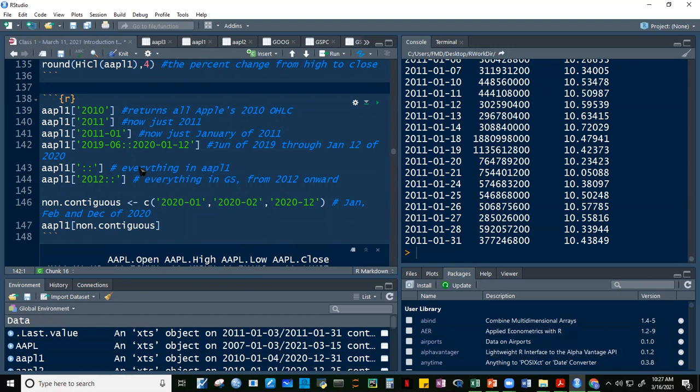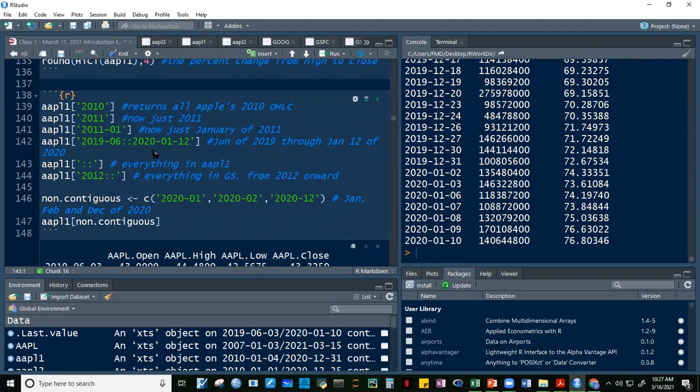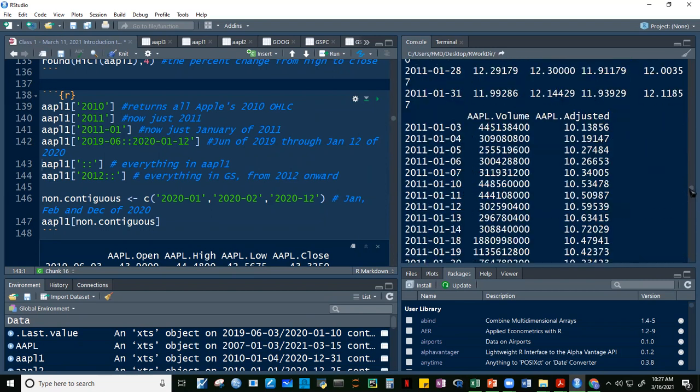How about this, guys? June 2019 to January 12, 2020. If we run this, it will give us from June 2019. I'll just look for it here below.